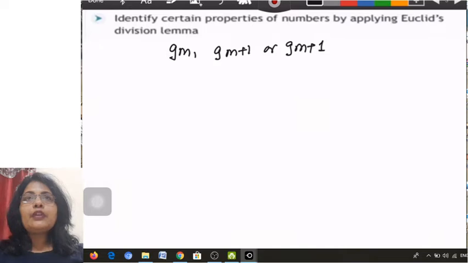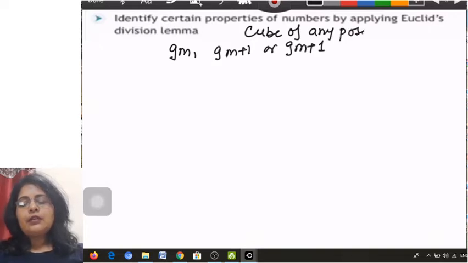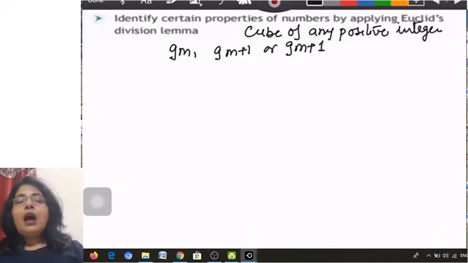Here it is written, cube of any positive integer. Now, I have told you in the earlier questions that if the number is given like this, then ultimately the divisor is 9.